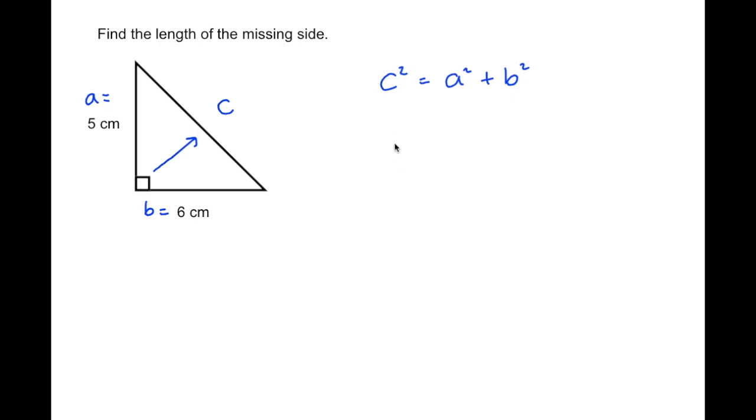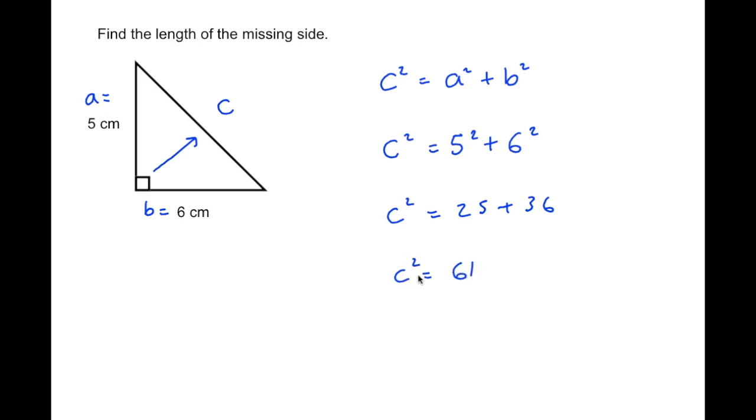So let's look at this. C squared is equal to, well, A is 5, that's 5 squared. B is 6, so that's 6 squared. So we know that C squared is equal to 25 plus 36. So we know that C squared is equal to 61.